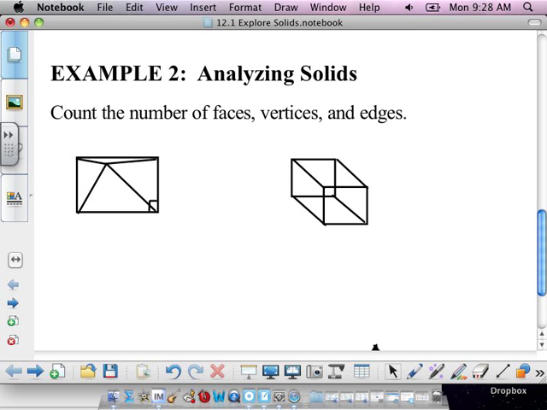Let's look at the 3D shapes, because I know some people have a hard time seeing the 3D from the 2D. And these shapes are going to be useful as we talk about surface area, volume, and lateral area.